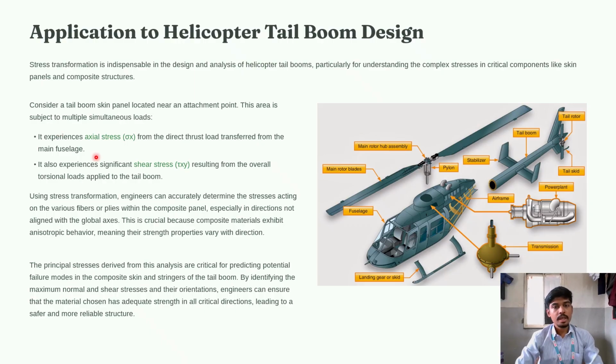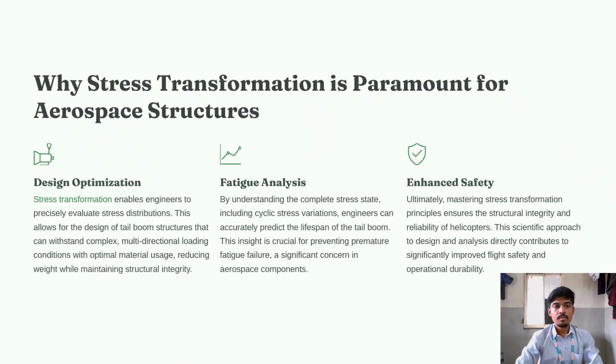It experiences axial stress and shear stress, which result from the overall torsional load. Then, using transformation, engineers can accurately determine the stress acting on the various fibers or plies within the composite panel, especially in directions not aligned with the global axis.